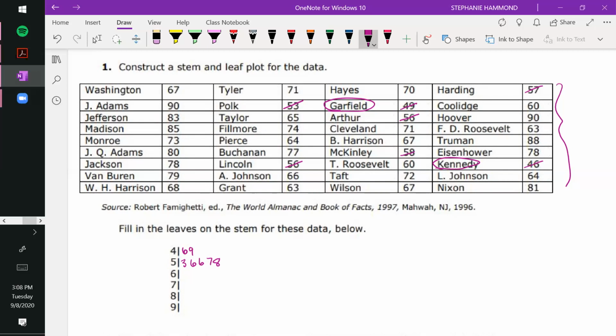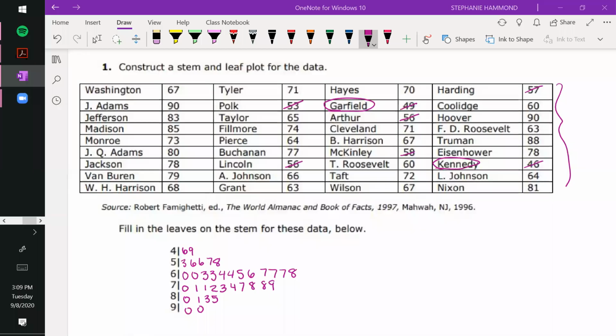I already have this written down, so I'm going to keep putting those in here. 60, 60, 63, 63, 64, 64, 65, 66. There are 3 people who were 67 and a 68. I'm going to pause this while I add the rest of the data so you can see what it looks like.